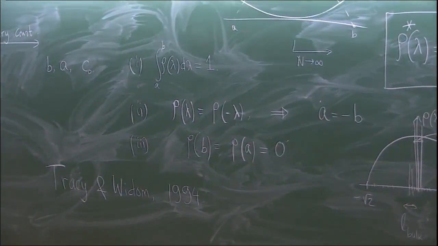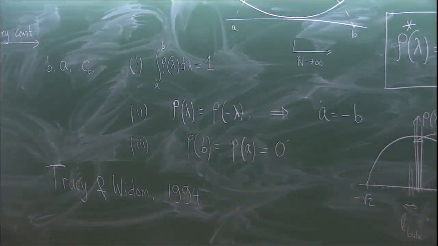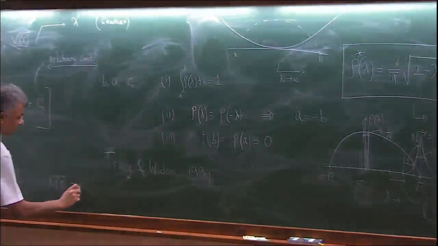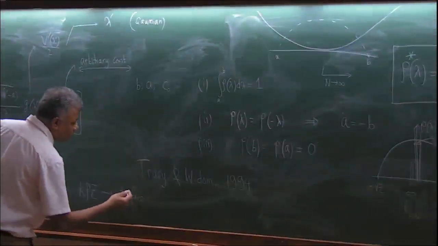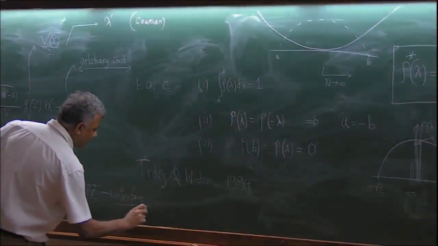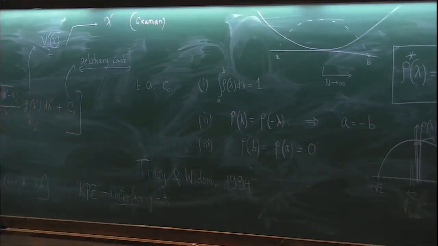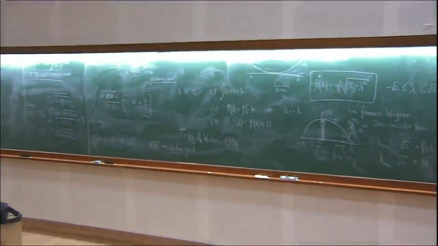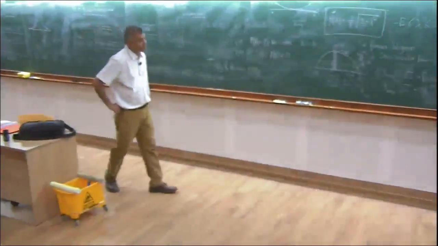But then, starting from 1999 onwards, people found many different systems, like for example the so-called KPZ equation, the Kardar-Parisi-Zhang equation of interface growth. It's a very different problem and has nothing to do with random matrices per se. But if you look at the height distribution of the interface in this Kardar-Parisi-Zhang model in 1+1 dimension, it turns out that its height distribution is also given by the Tracy-Widom distribution.